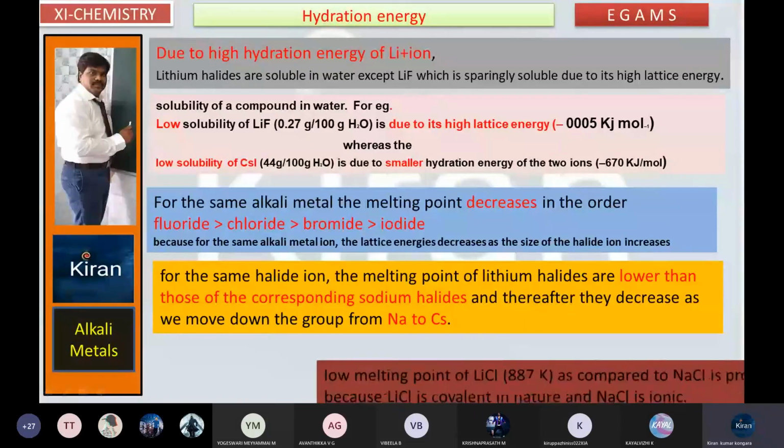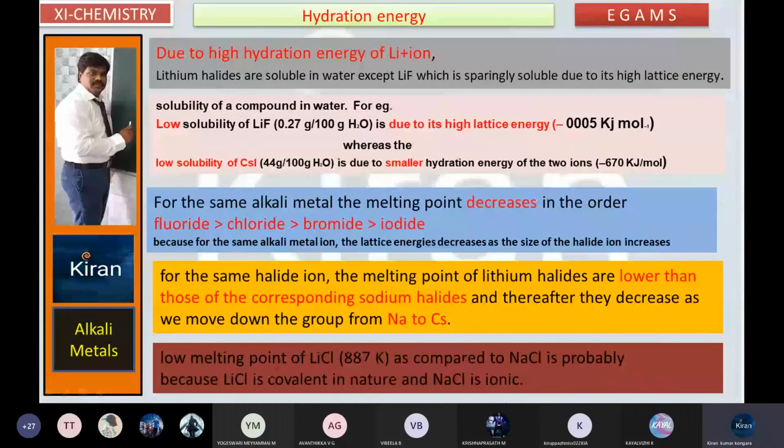The low melting point of lithium chloride compared to sodium chloride is probably because lithium chloride is covalent in nature and NaCl is ionic. One more point: lithium chloride is covalent in nature, sodium chloride is ionic in nature.